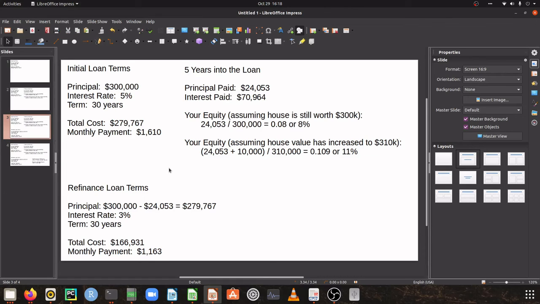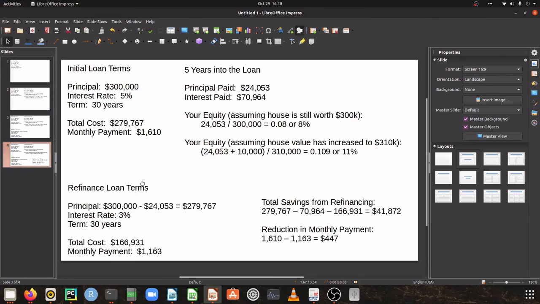Now that you have all of the required numbers written down, the last step is to calculate your savings. To calculate the total savings in terms of interest, you start with the original interest that you paid for your original loan, which was $279,767. That's the original total cost.